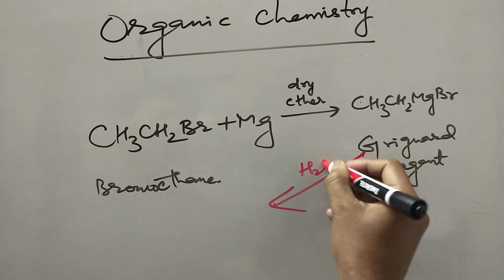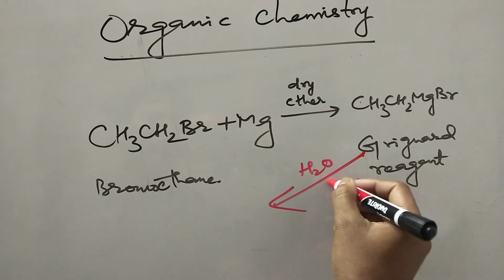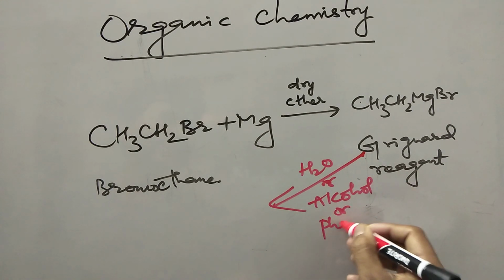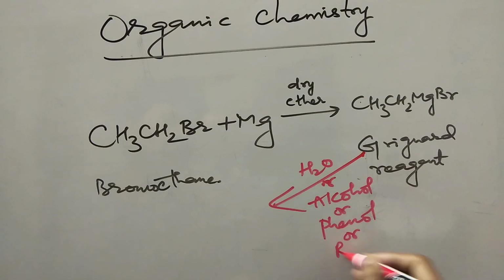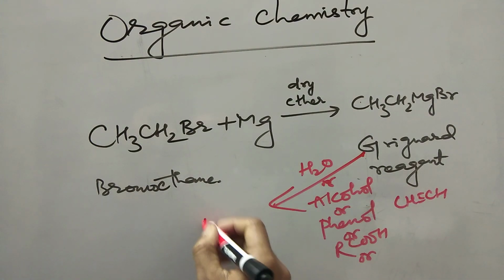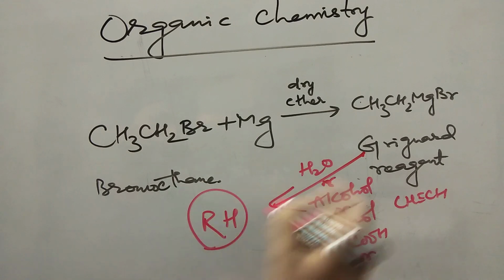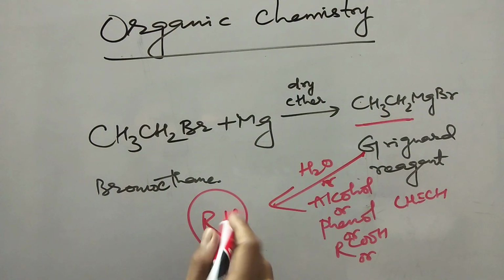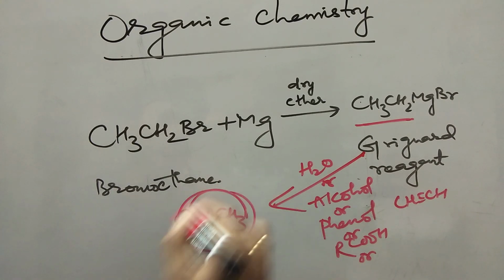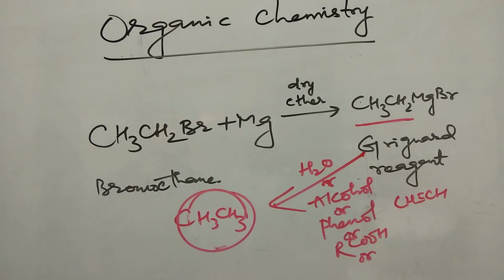Any source of proton, whether from water or alcohol or phenol or acetic acid or any carboxylic acid or alkynes, is acidic enough to convert Grignard reagent to alkane. Since here it is an ethyl group, it will form ethane, CH3CH3. So Grignard reagent is always prepared in anhydrous condition because it is highly reactive. Any source of proton converts Grignard reagent to alkane.